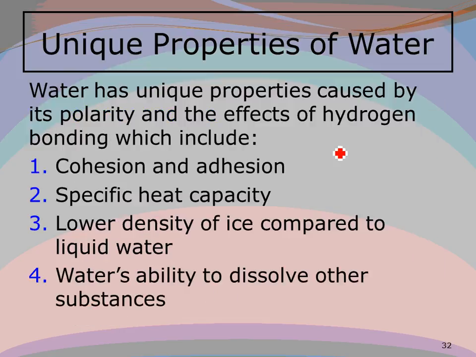So here are the properties of water that we're going to discuss. Today we're just going to go through cohesion and adhesion. That's how water sticks to itself, but water, because it's polar, will also stick to other molecules. So when water was dangling like a drop off my finger, it was sticking to my finger, right?